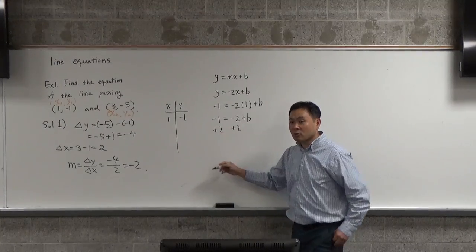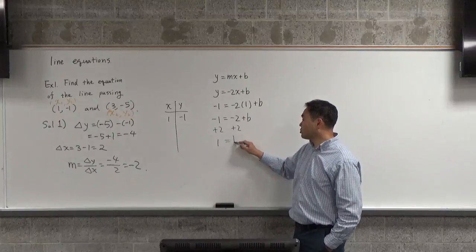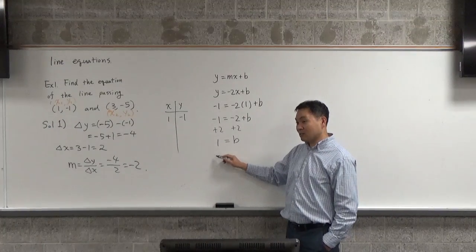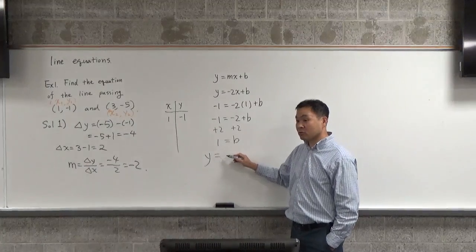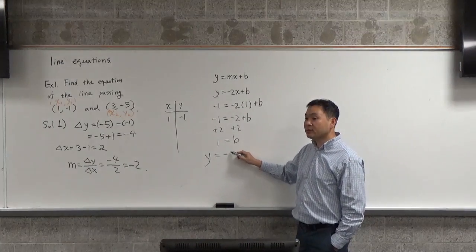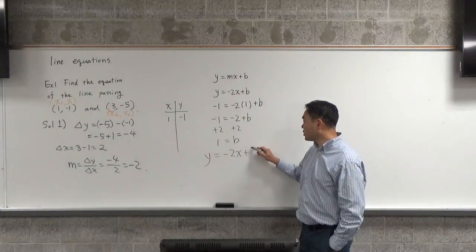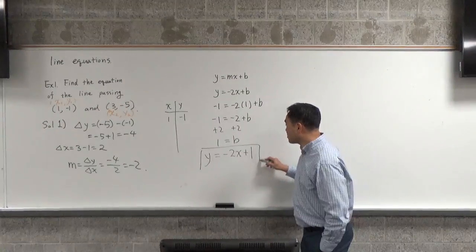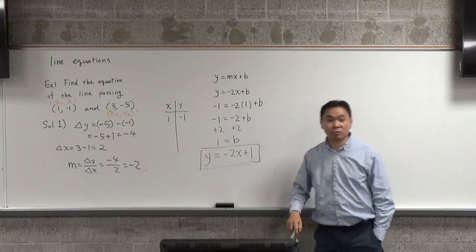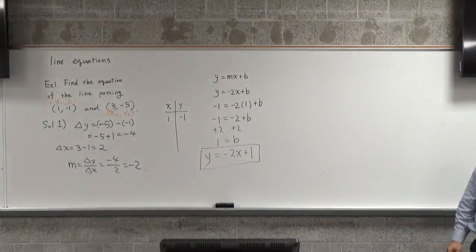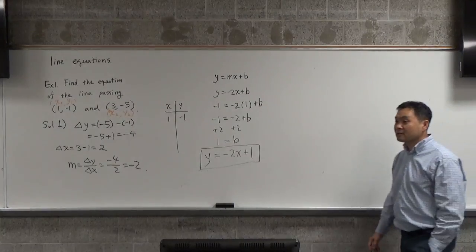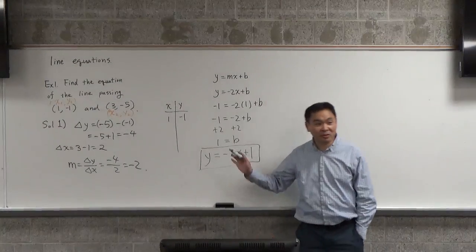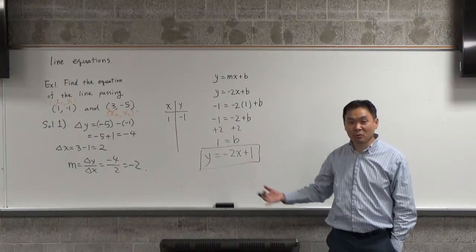And what's 2 minus 1? 1 equals b. And therefore the final answer is y equals -2x plus 1. This will be the equation of the line passing through those 2 points. Okay? You probably have seen this before, right? This is more like a review.